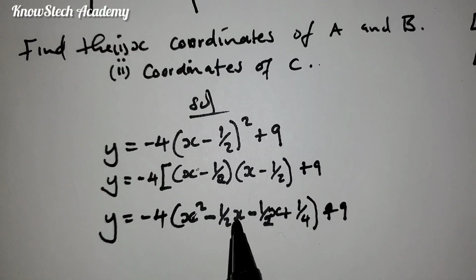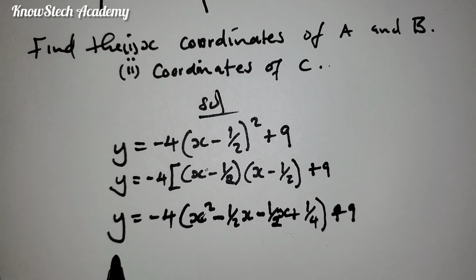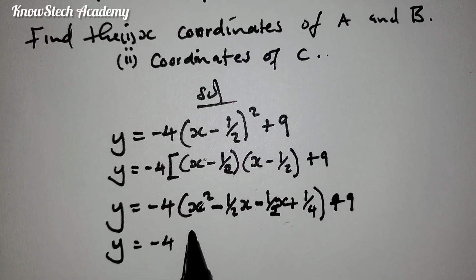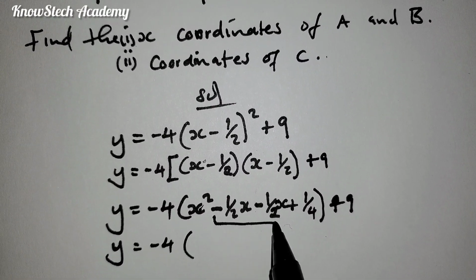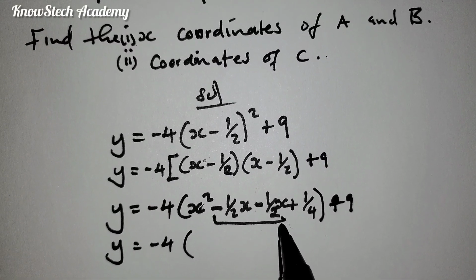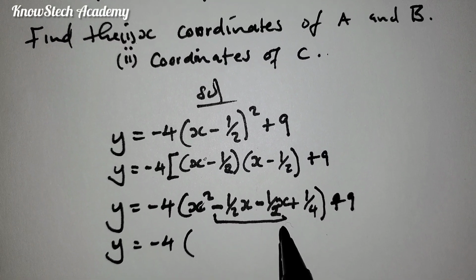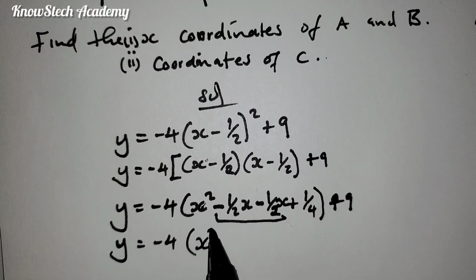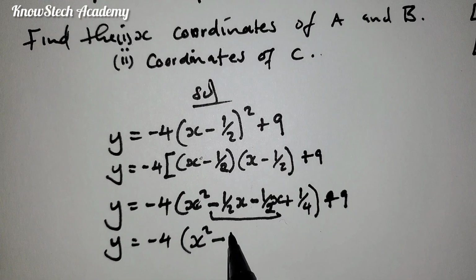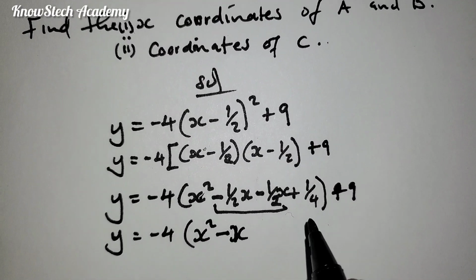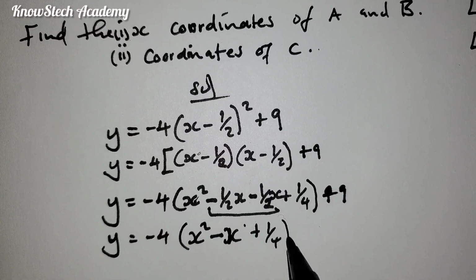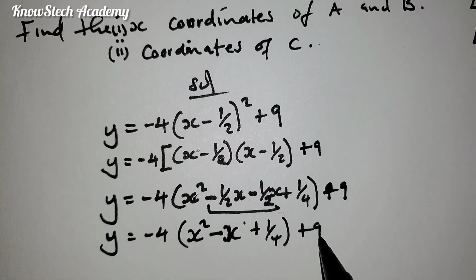All right, we have like terms here. So y equals -4. We can add these. Since this is negative, we're going to add and then get the common sign, which will be x squared negative there, half plus half is just 1, which is just x. Plus 1 over 4 close bracket plus 9.